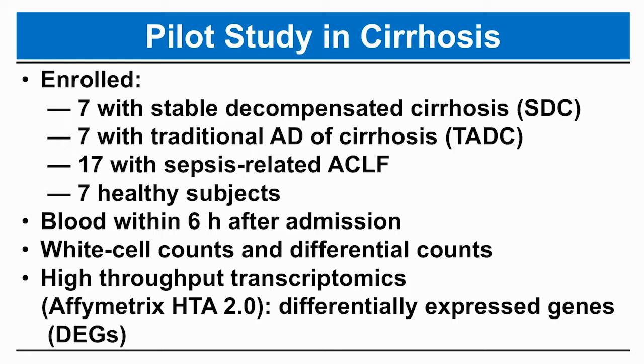We took blood within 6 hours after admission to the hospital. We looked at white cell count and differential counts, and we performed high-throughput transcriptomics in whole blood in order to identify differentially expressed genes, referred to as DEGs.